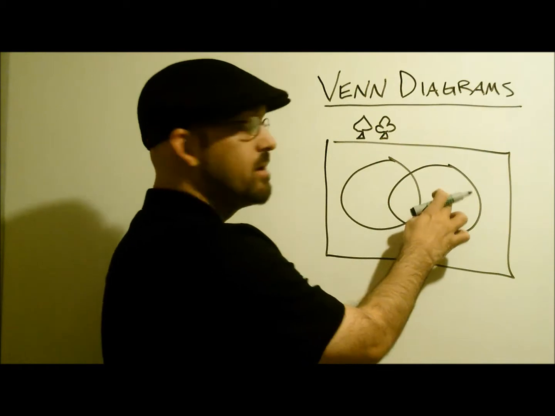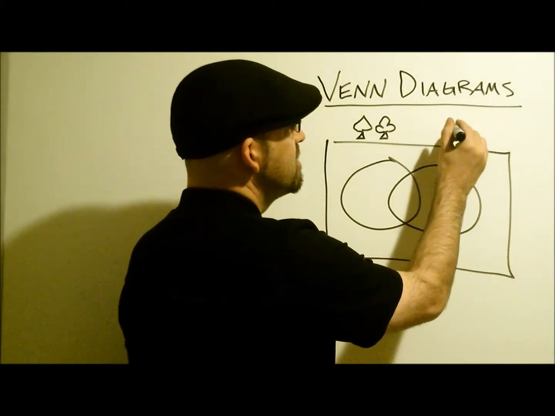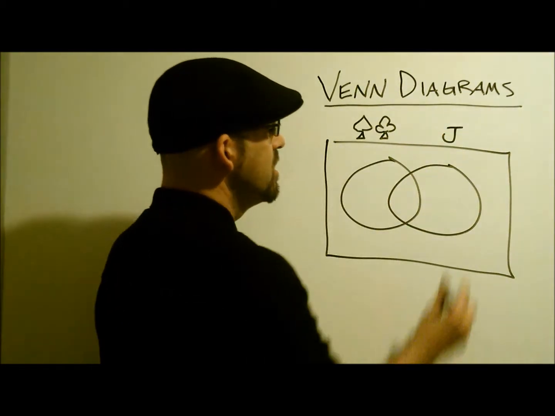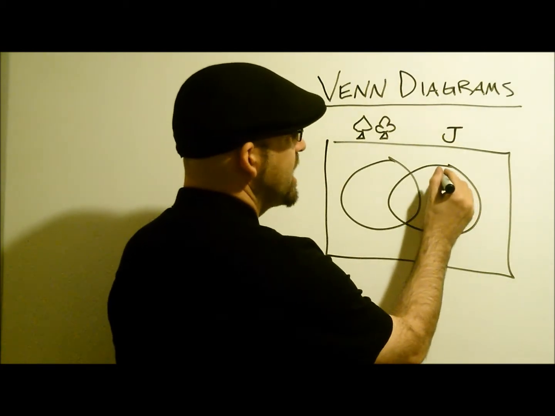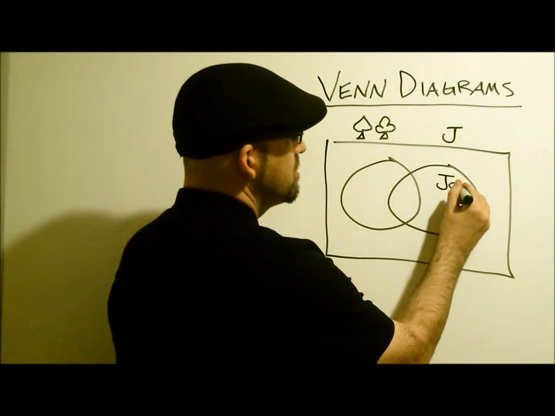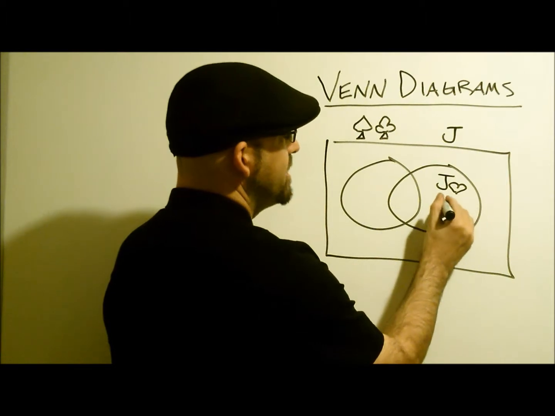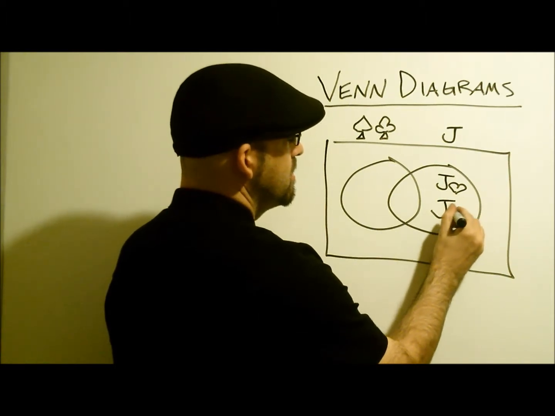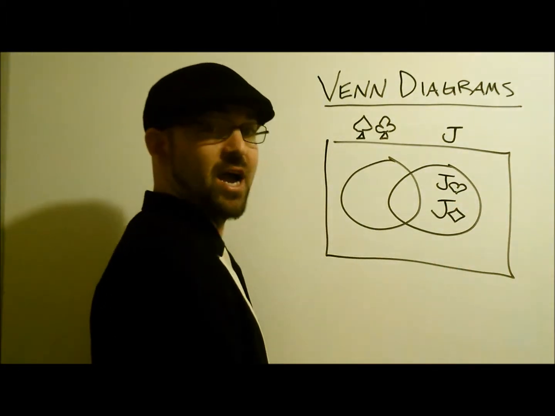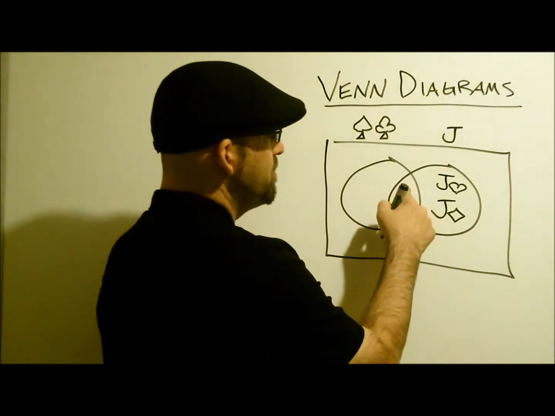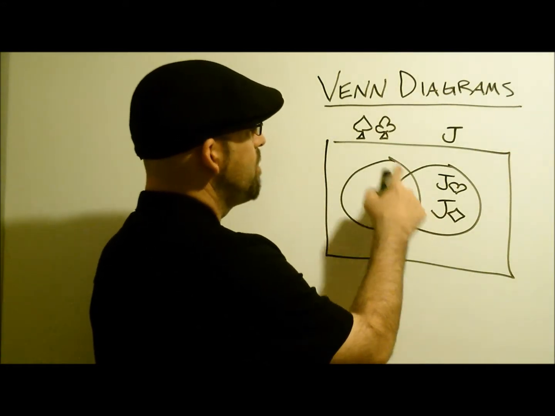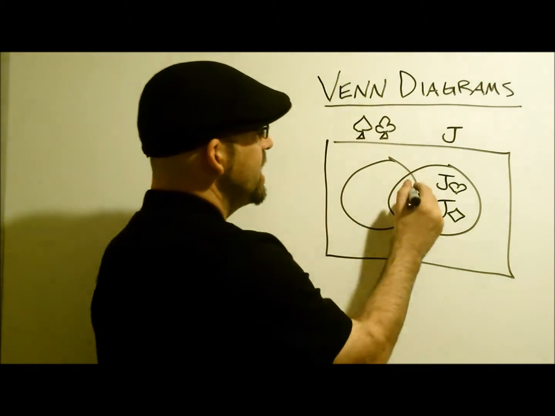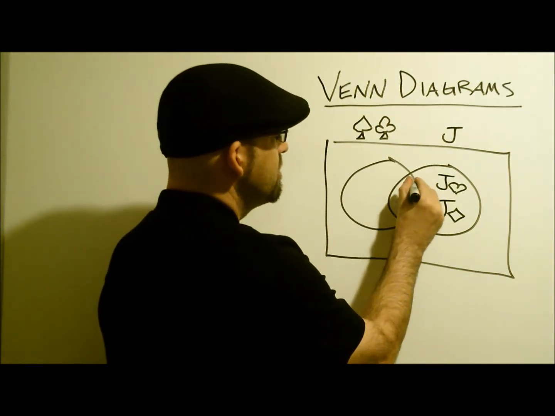The second set is going to be all the jacks. So we can have a jack of hearts and a jack of diamonds. There's 2 other jacks, right? Because they are both spades and clubs, they would fall into here.